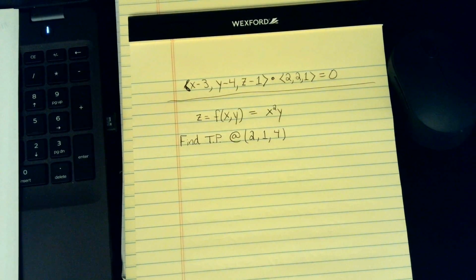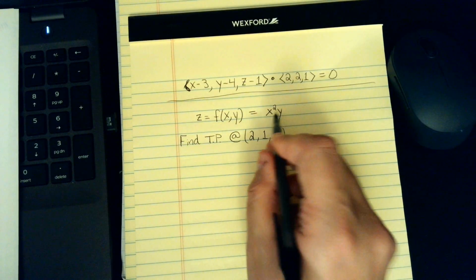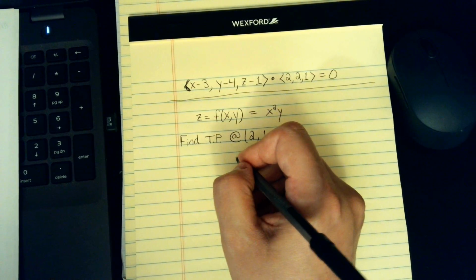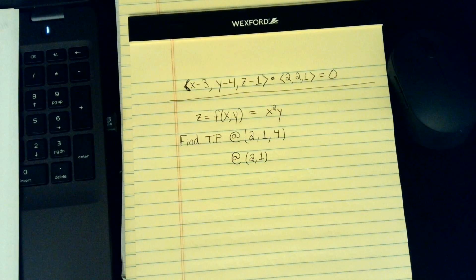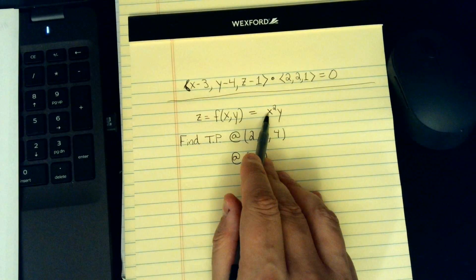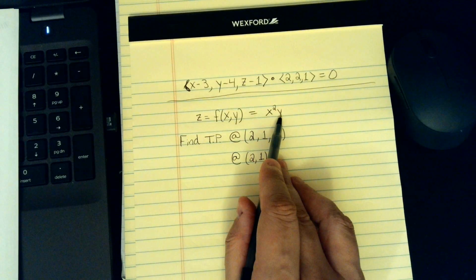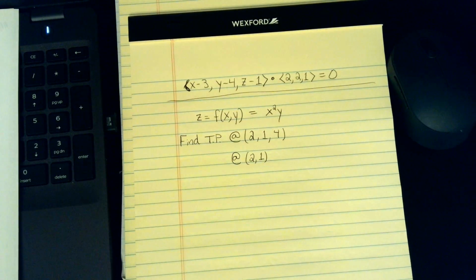You might even be told just 2, 1, and make it your job to find the z. Well, 2 squared times 1 is 4, so I did that for you. But how would you do this?